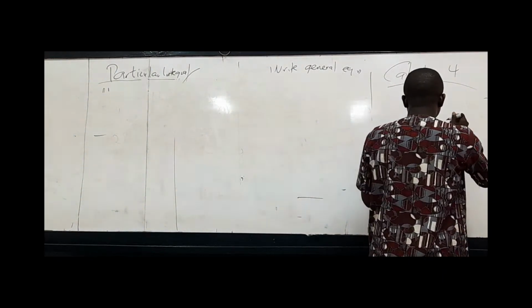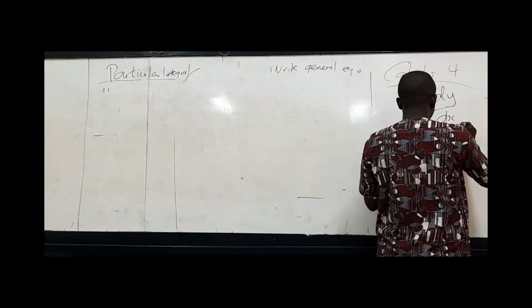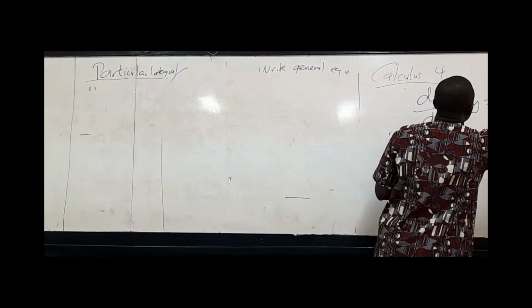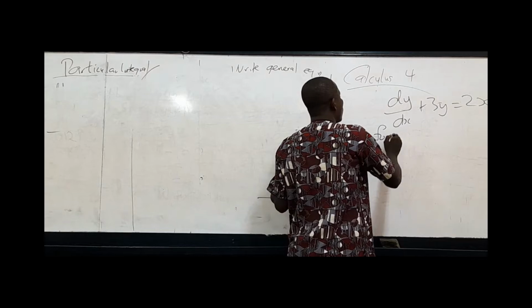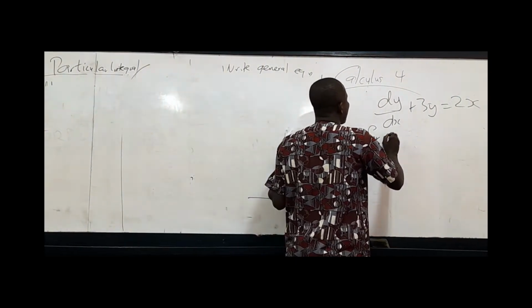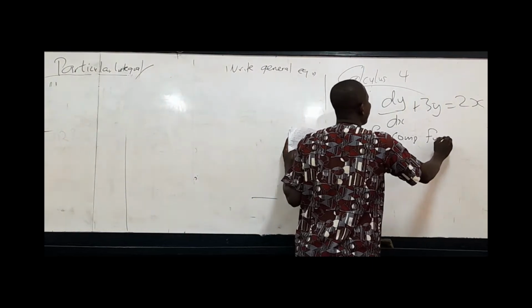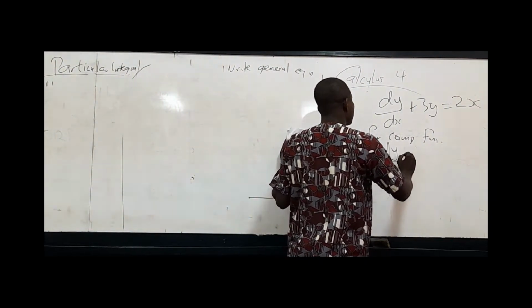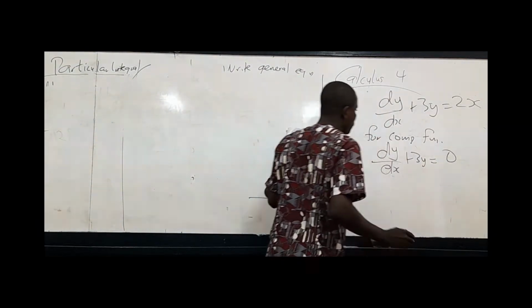Here, he said you should find the general equation for dy/dx plus 3y is equal to 2x. So here, for the complementary function, dy/dx plus 3y is equal to 0.